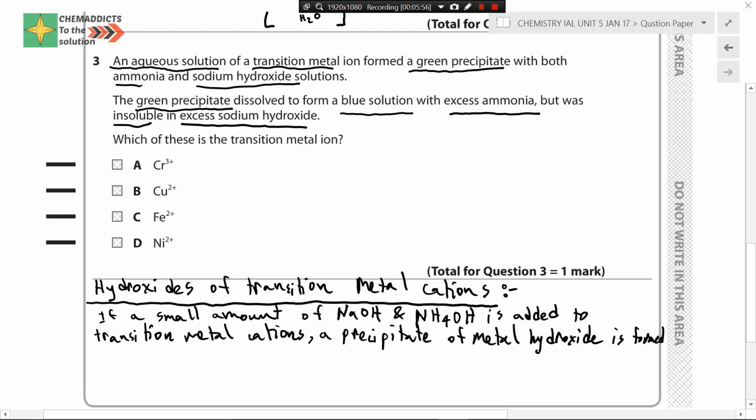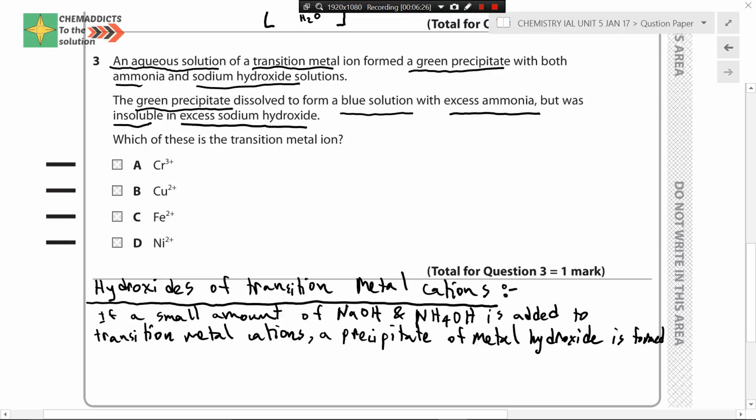It forms a precipitate when it reacts with both ammonia and sodium hydroxide solutions according to this concept. So we have added a small amount of sodium hydroxide and ammonium hydroxide to these transition metal cations. A green precipitate of metal hydroxide is formed. Here we can see that a green precipitate is already formed.